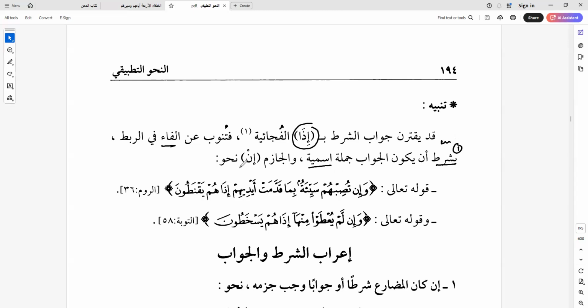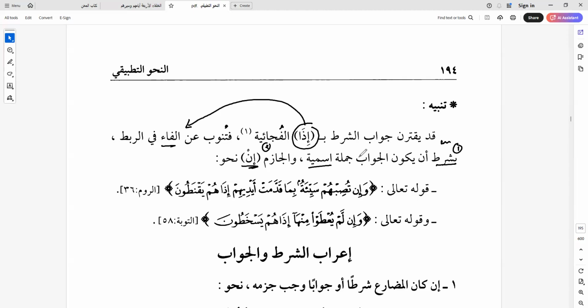والجازم in, and then the jazm that you are applying must be what? In. So you cannot use any form of jazm. Remember, we have so many jazms. We have in, we have man, we have anna, and on and on. We've learned a lot of them. These are all jazms. But if you can use idha fujaiya to replace, right, tanubu, to replace the fa, then you have to meet these two conditions.